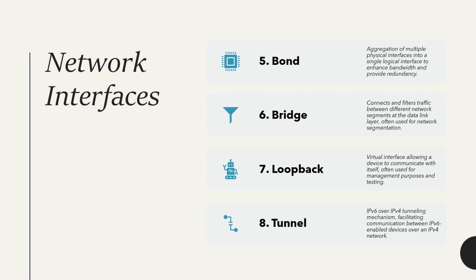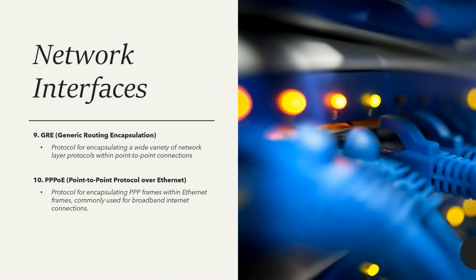This is an IPv4 tunneling mechanism to communicate with IPv6 enabled devices. GRE, which is generic routing encapsulation, is used for a wide variety of network protocols. PPPoE, which is point-to-point protocol over Ethernet, encapsulates PPP frames within Ethernet frames, commonly used for broadband internet connections.